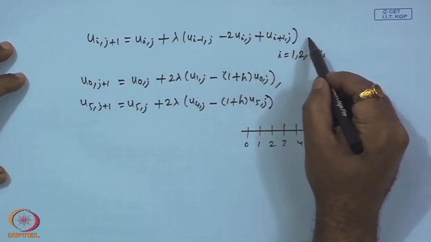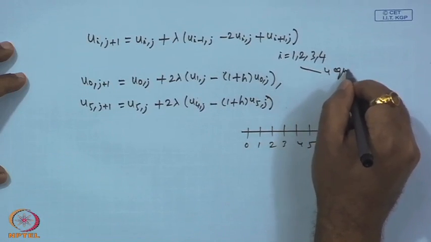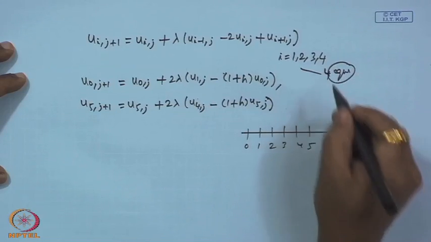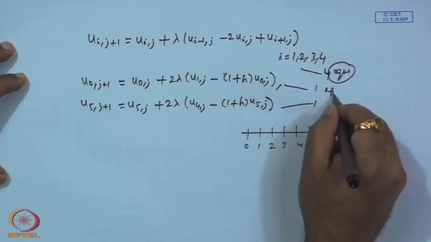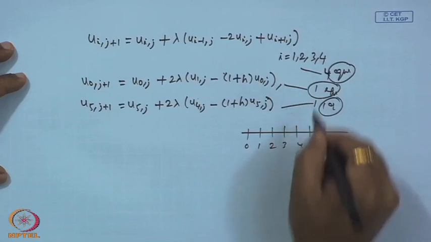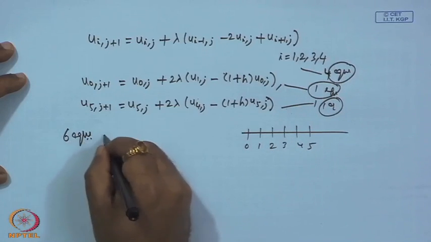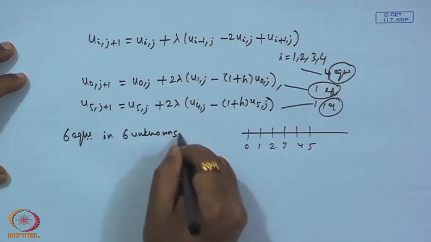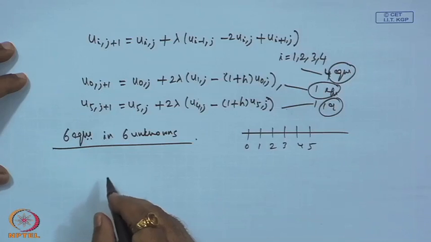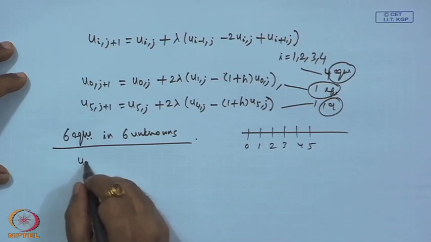So, 4 equations here, this is one equation, this is one equation. So, total 6 equations and 6 unknowns.